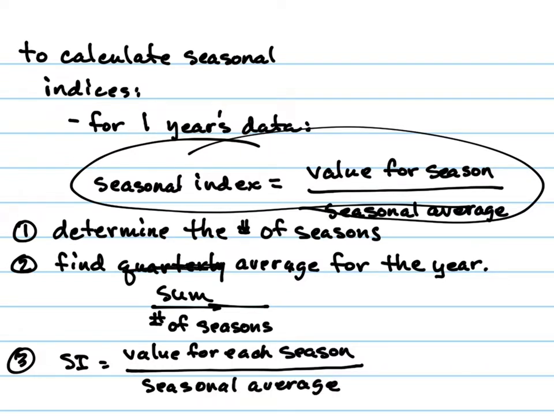And I should call that seasonal, not quarterly. Sorry, seasonal average, because it could be more than one. It's usually quarters because seasons we think of as 4 seasons in a year, but it could be monthly seasons or something like that. So just put seasonal average instead. Okay? And again, we'll look at examples of how these work so that you can get a clear picture when we're in class.